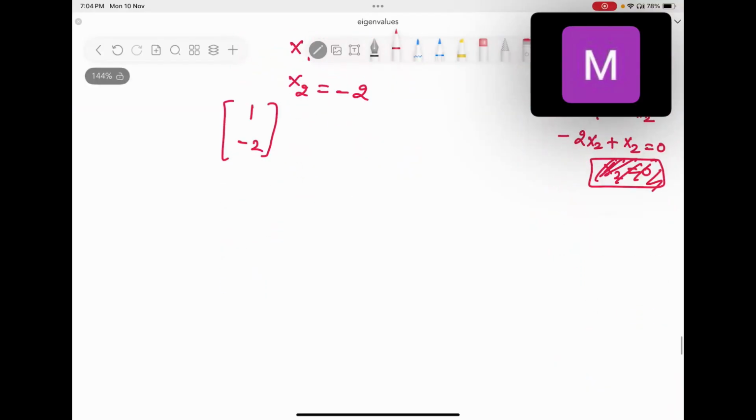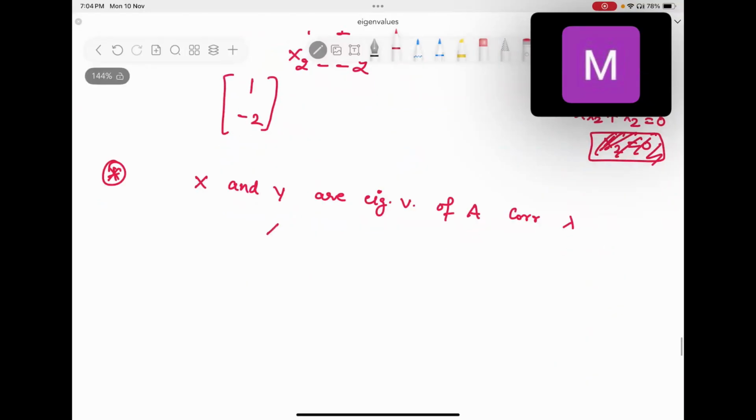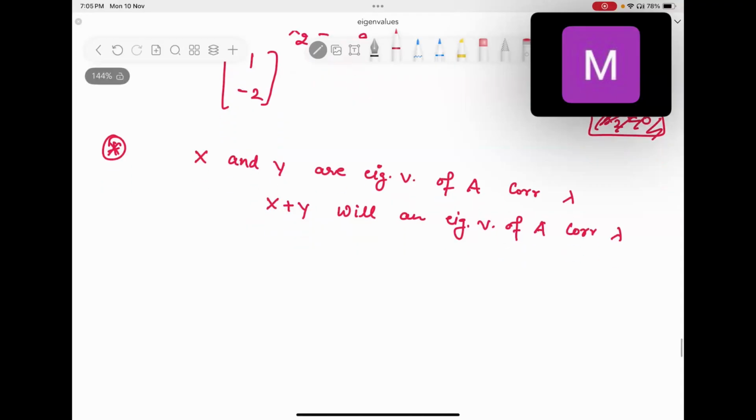And you can verify this: if x and y are eigenvectors of matrix A corresponding to the eigenvalue lambda, then x plus y will be an eigenvector of A corresponding to the same eigenvalue, right?